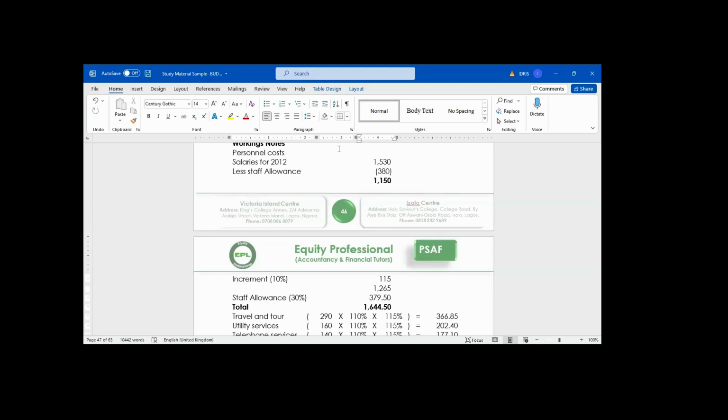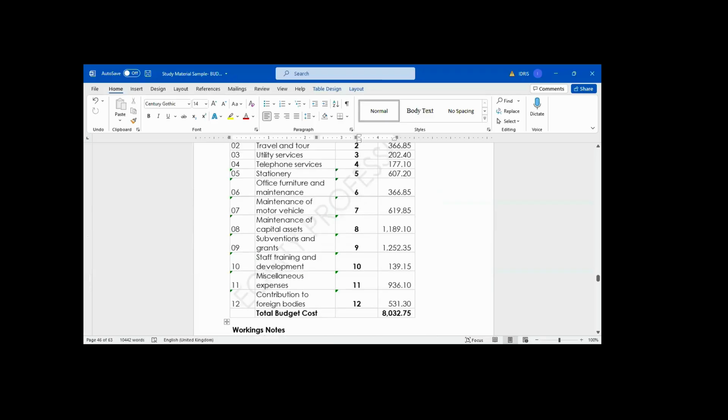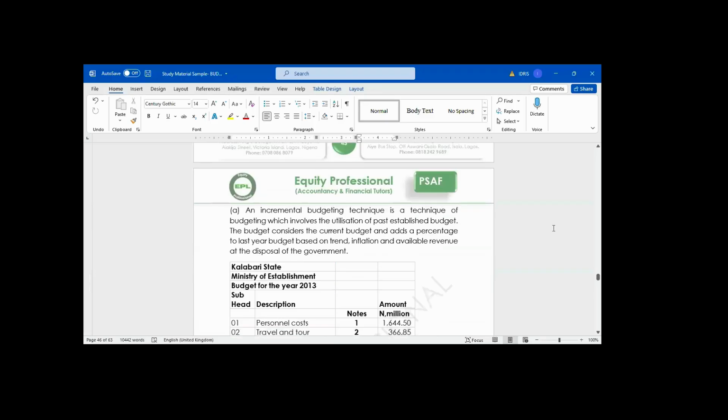Do you understand? Yes, sir. So looking at the solution now, personnel costs for 2013, you can see Calabari State Ministry of Establishment budget for the year 2013.